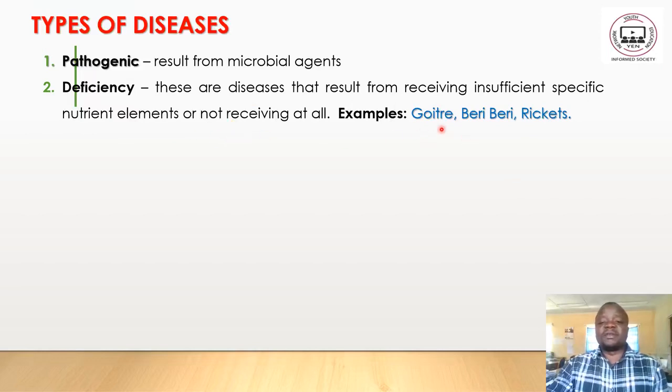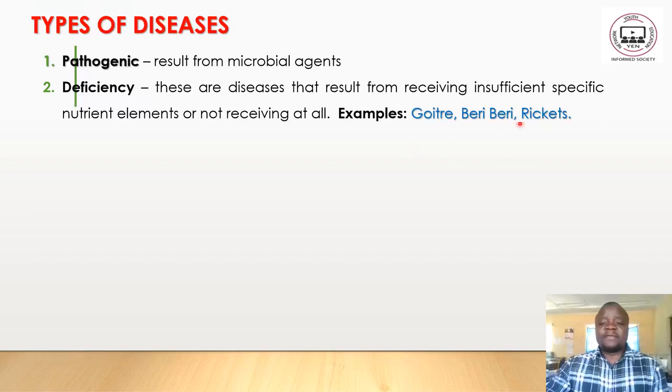Examples, you talk of goiter, beriberi, and rickets. Deficiency diseases are diseases that come as a result of not taking in a balanced diet. When you are lacking particular food nutrients in the body, this results in such diseases as goiter, beriberi, rickets.